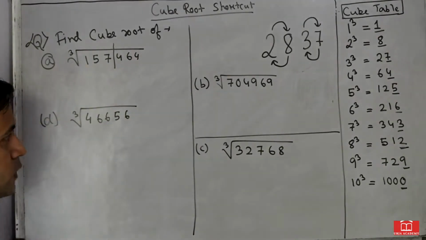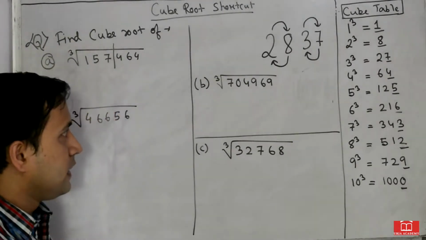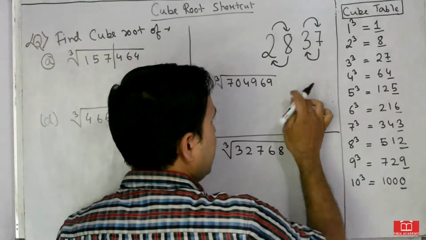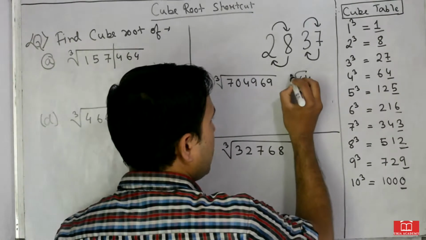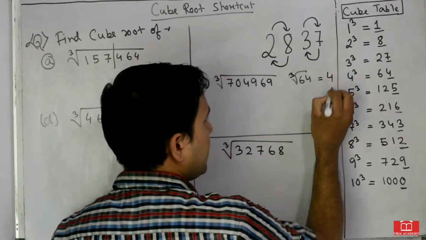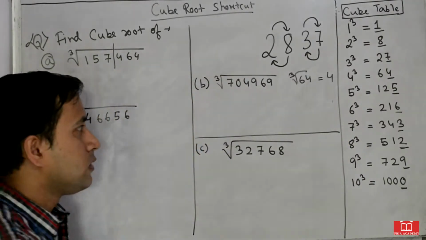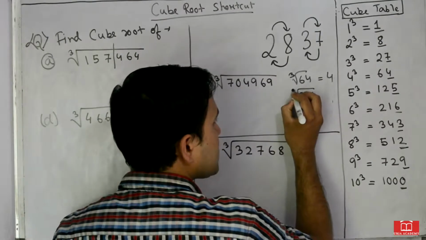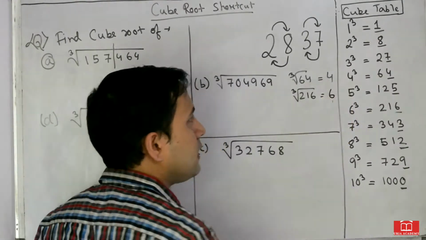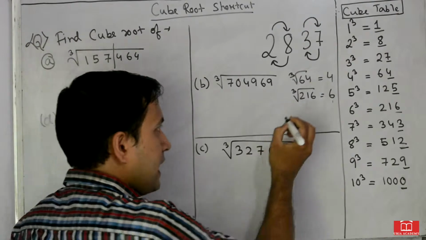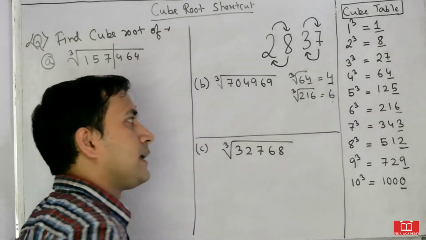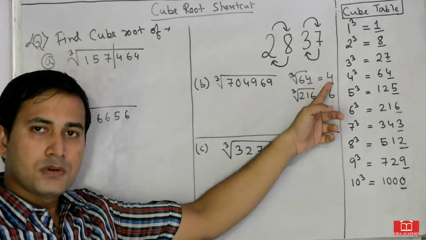464. Now we need to see one thing here: if I take the cube root of 64, we get 4. If I take the cube root of 216, we get 6. That means if the last digit ends in 4, we get the answer as 4.